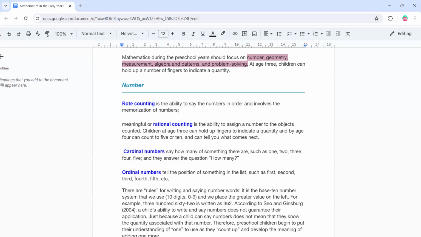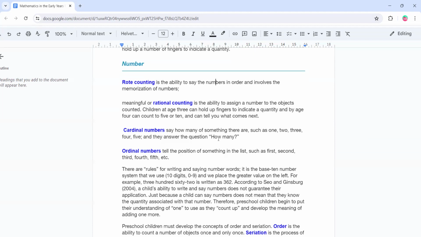Whereas ordinal numbers tell the position of something in a list, such as first, second, third, fourth, fifth. If asked which tree is the tallest, they might say the second tree. So telling a position is an ordinal number, whereas answering a question like how many is a cardinal number.